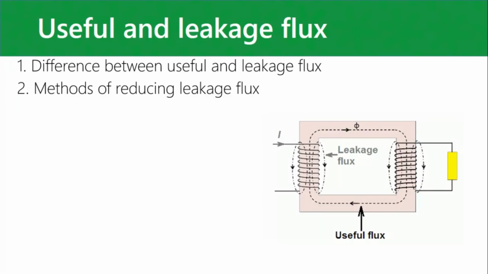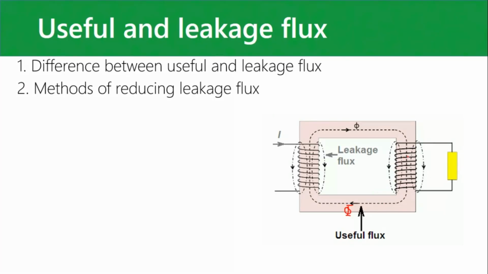All right, we need to know about this thing called useful and leakage flux. Useful flux is this flux here, which links between the primary and secondary windings, and then transfers that energy to the secondary.